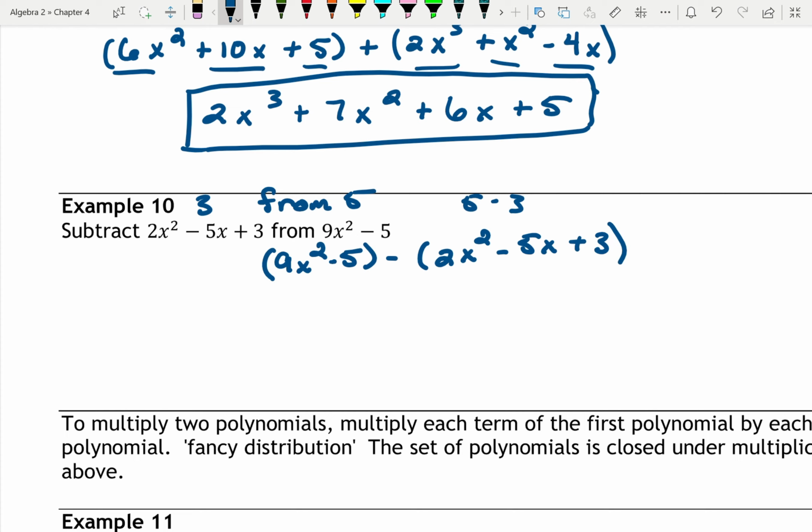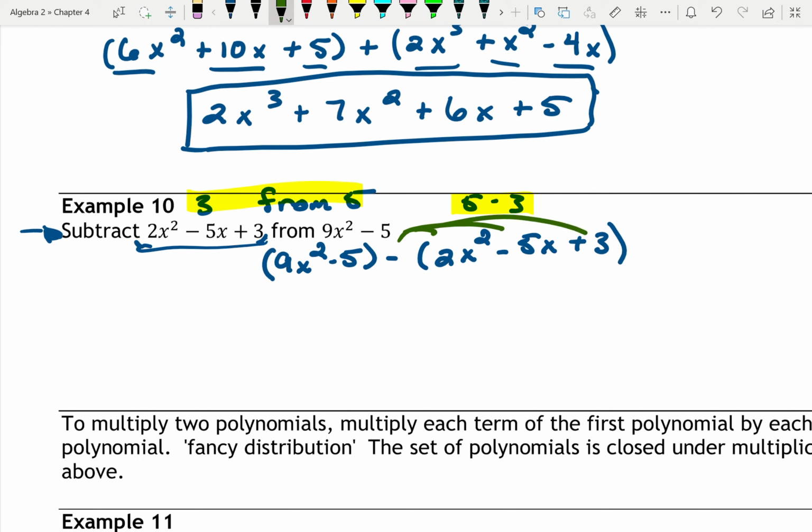To me, this is worded just a little bit odd because we have to put the one that's listed first at the end. So I want to make sure that we all recognize that. This up here, the whole 3 from 5 and the 5 minus 3, that's just an example that I'm trying to give you. So if I subtract this out, I need to distribute that negative there.